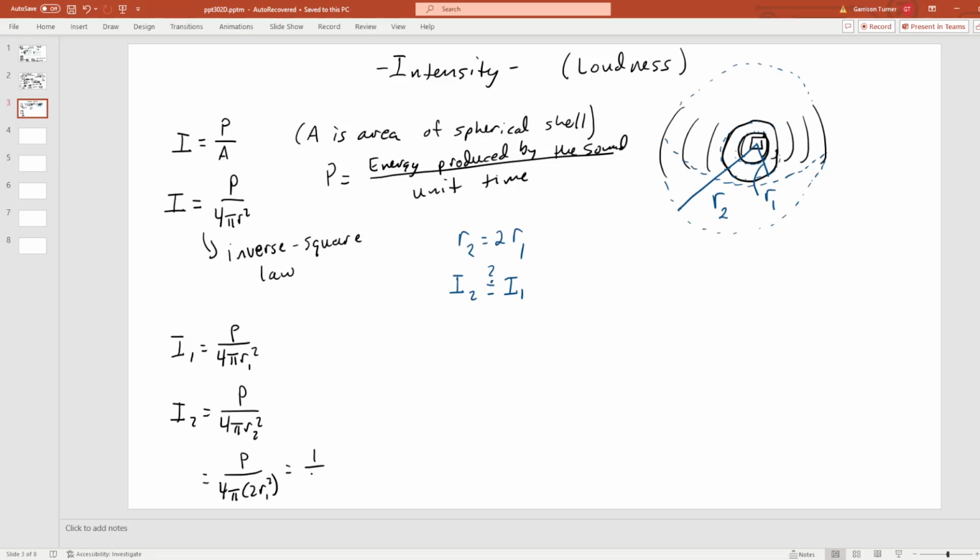So this is 1/4 the power divided by 4 pi R1 squared. So very similar to gravity, if I go twice as far away from a source, I have 1/4 the intensity. In gravity, it was 1/4 the force, right? So that is how intensities are related to each other, right? This is an inverse square law.